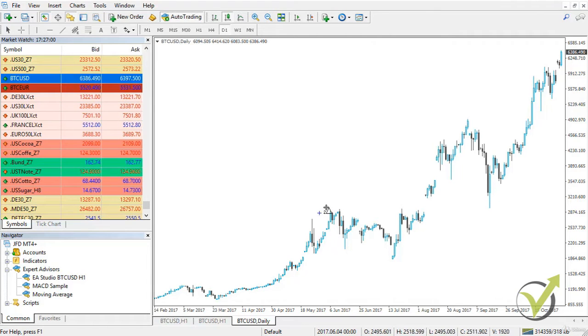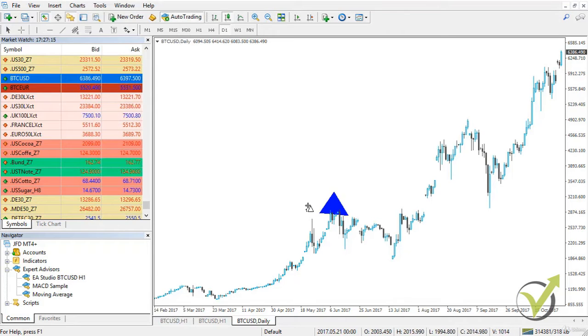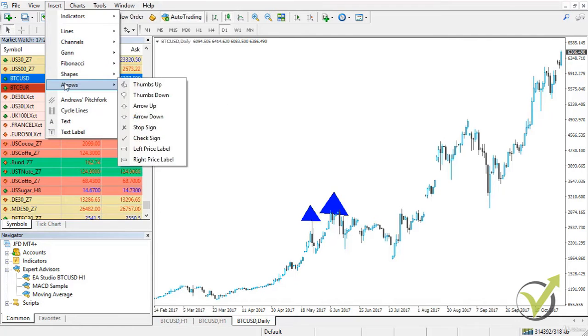Alright guys, so basically we are having series of higher highs and higher lows. Let me put this triangle over here. This is one high. Here we have another high. Let me take another triangle. You can see here was another high. Simply the price formed a kind of top, a kind of high over here, another one over here, and then another one over here, so I will put it there as well.